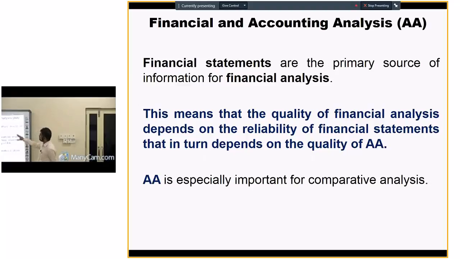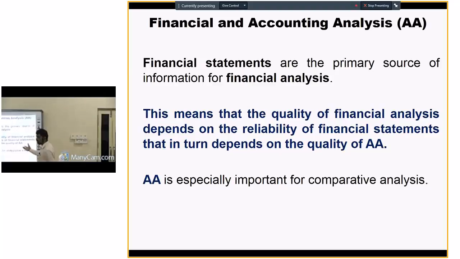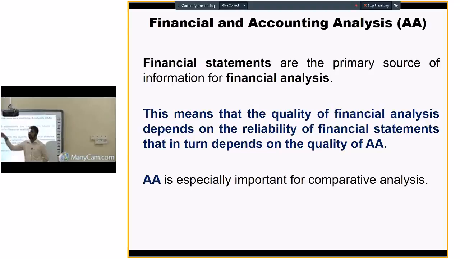Accounting analysis or financial analysis, the quality of the analysis depends on the inputs. What are the inputs of this financial statement analysis or accounting analysis? Yes, the financial statement. If you have quality input, we can expect quality output, right?